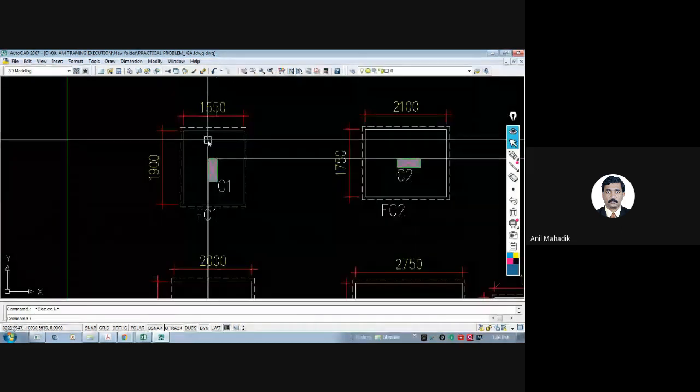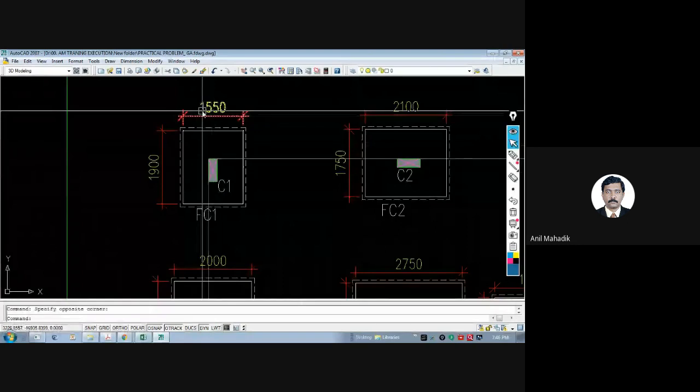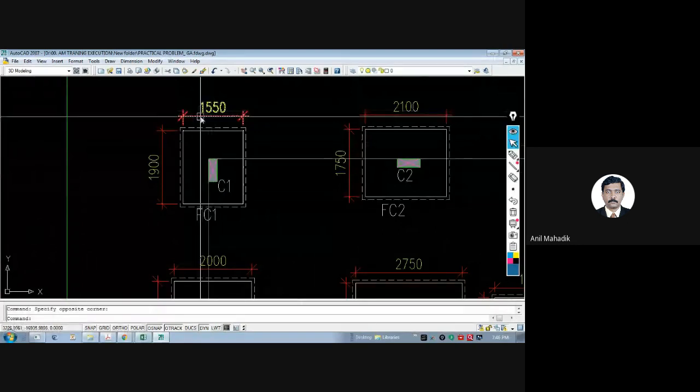Now what you get, you get foundation sizes from the RCDC. So you take the foundation sizes from the RCDC and just copy them on the layout. So you know how to prepare this layout. For example, let's say your foundation size required for the design is 1.55 meters by 1.9 meters.